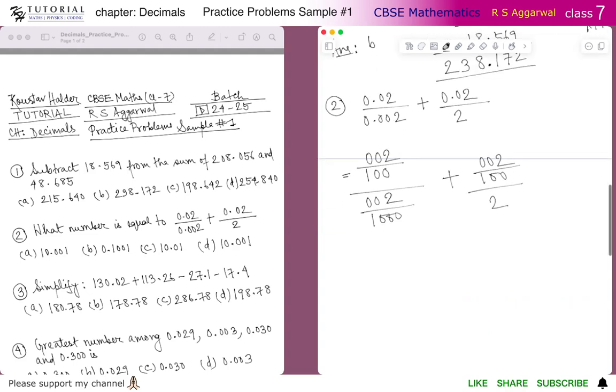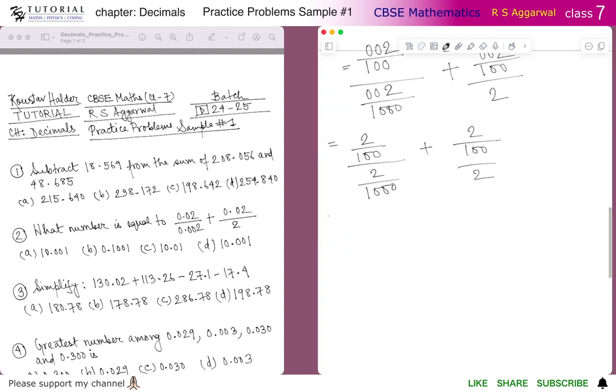Now 002 is equal to 2. Obviously, leading zeros in a whole number is meaningless. So now this becomes 2 upon 100 divided by 2 upon 1000 plus 2 upon 100 divided by 2.